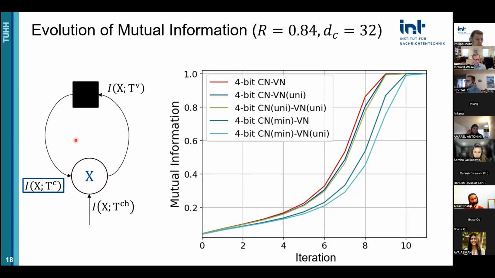So just to rephrase, you are having different quantization at every iteration as well? Yes, the quantization levels change in every iteration. In every iteration, we compute an optimal quantization, which maximizes the mutual information within the exchanged messages. Okay.